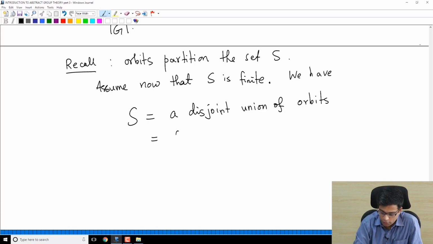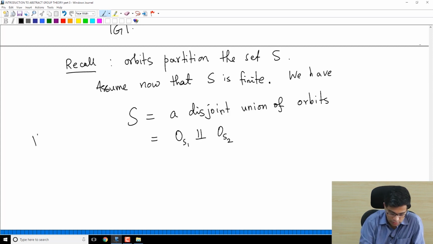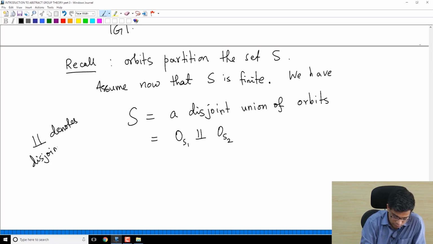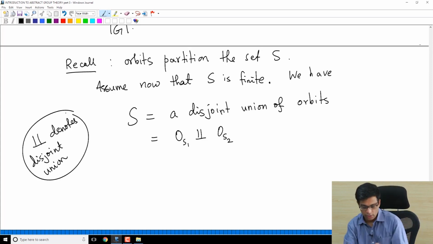So S is of the form orbit of s1 union orbit of s2 and so on, and the symbol for disjoint union denotes that you are taking the union, but in addition it says that the sets involved are disjoint.